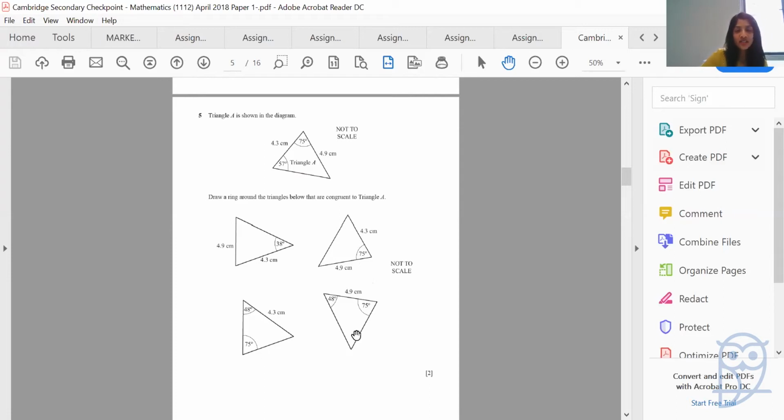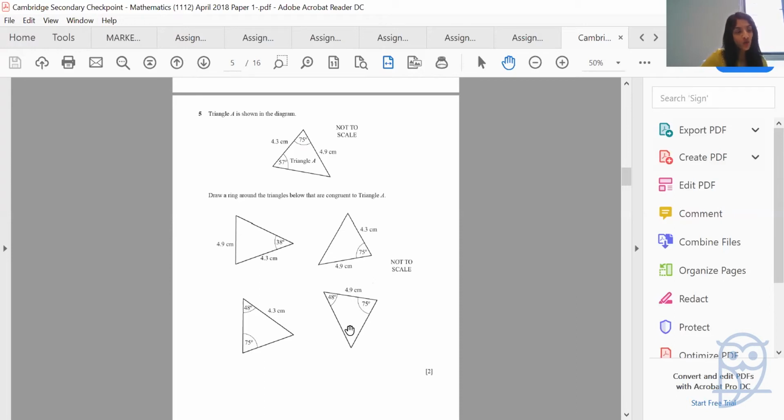Now let's look at these two triangles. Which one of these two triangles is congruent to triangle A? Okay, it's this triangle as well. And why is this triangle congruent to that triangle? Because we have one side and two angles that are equal.